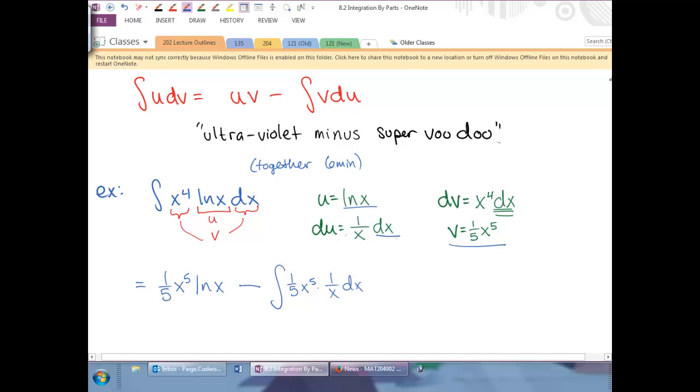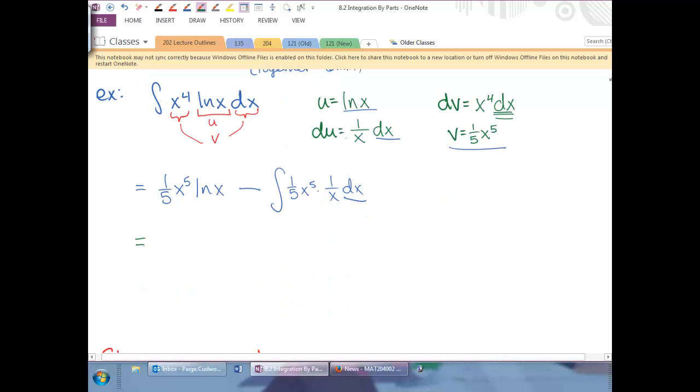Notice that that dx from the du became the new dx for our new integral. So once we've applied integration by parts here, we have one piece that's not in an integral, so I really don't care about this piece. That can be anything. And then the second piece, this one reduces, right? So I can cancel an x, and I end up with the integral of 1/5 x to the 4th dx.